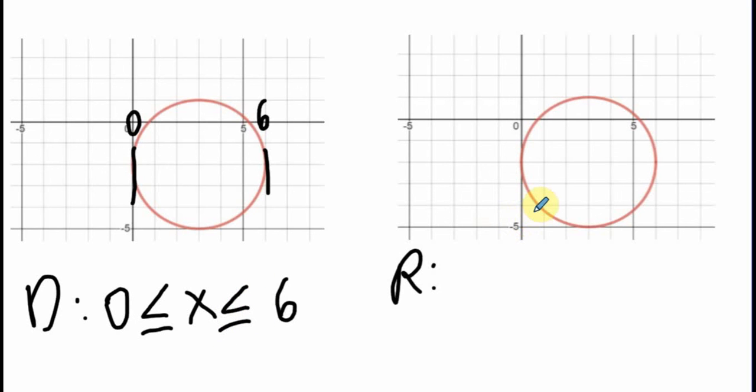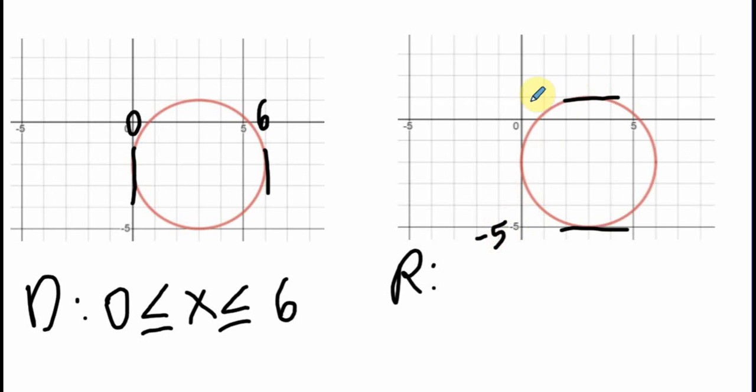All right, so range, we more or less do the same thing, except now we have to think about top to bottom. So the highest this thing goes is right here. The lowest it goes is right here. The low point, that one's easy to read. That one's at -5.